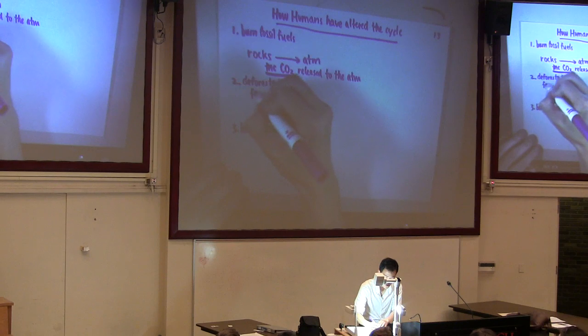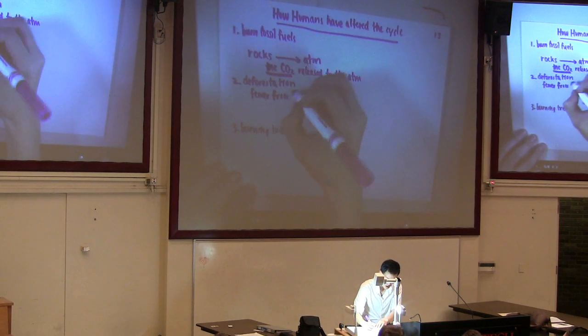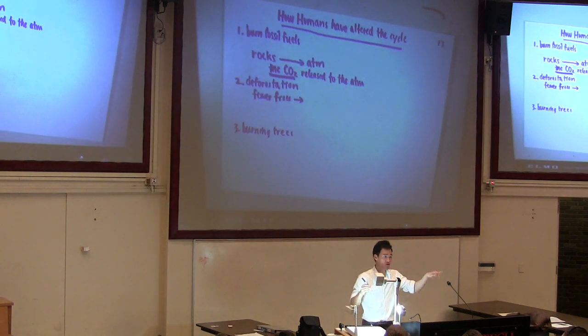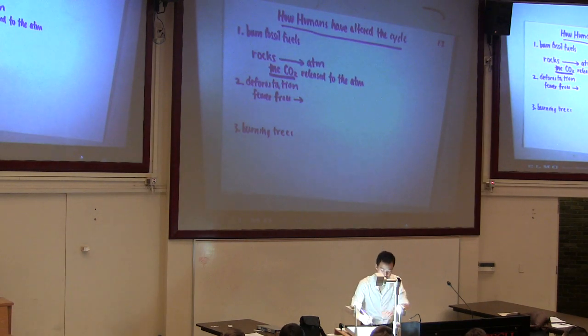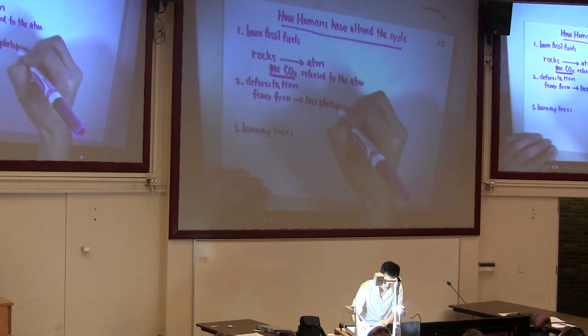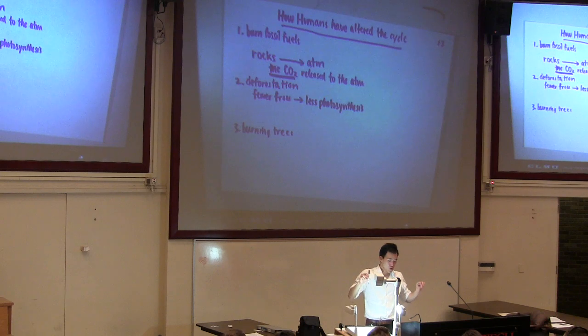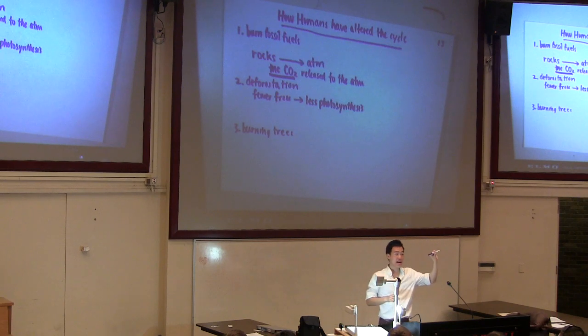So fewer trees means more or less photosynthesis? Less photosynthesis. Okay. So are you adding carbon dioxide into the atmosphere by cutting down trees? You're not adding carbon dioxide, you're doing what? Less carbon dioxide is being removed, right?